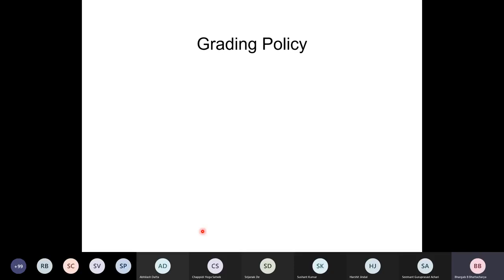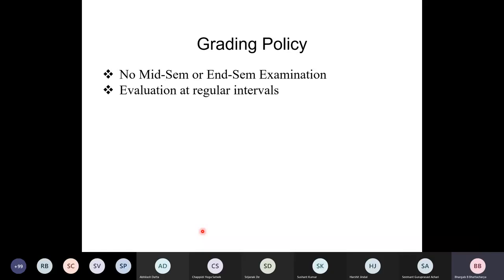So let me briefly state the grading policy. The good news is, we have an online semester, so no mid-sem and end-sem, but we have evaluation at regular intervals, as we have experienced in the previous two online semesters. We'll give homework for practicing, but those homeworks will not be graded. And there will be online exams and quizzes.